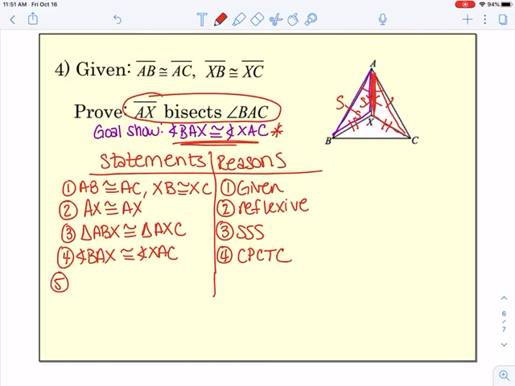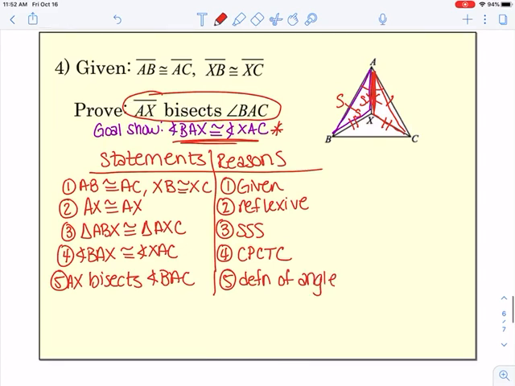So my last step: AX bisects angle BAC. And why is that? Definition of an angle bisector. What is an angle bisector? An angle bisector cuts an angle into two congruent angles. And we have our two congruent angles there, so therefore we can say that AX bisects angle BAC.